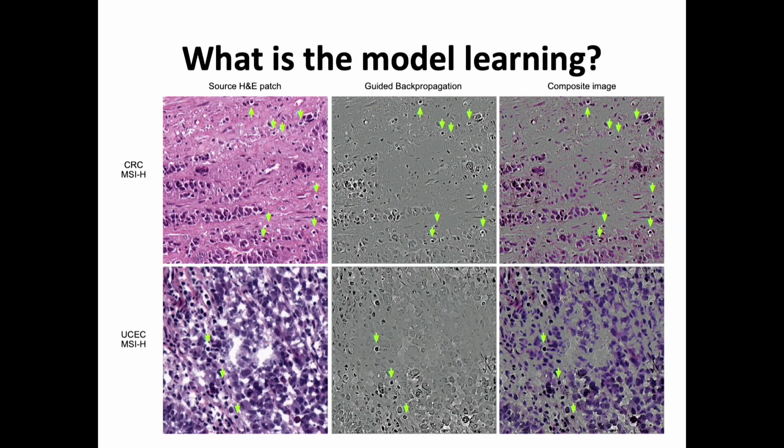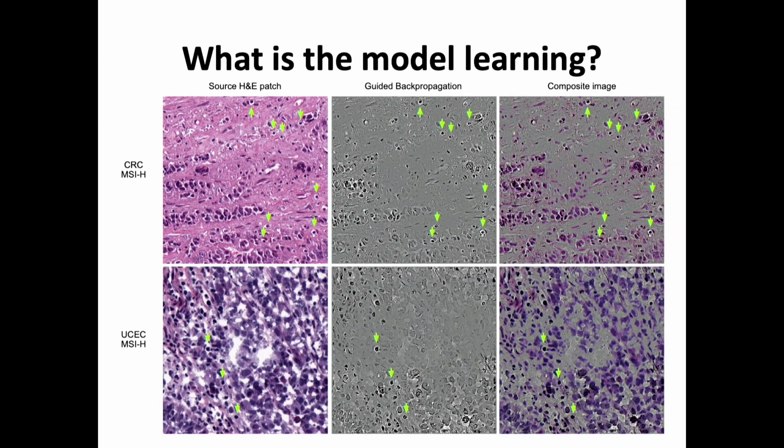Here are the original source images, and here's what's getting activated for the MSI-high class label. The arrows are pointing to small spots on these tissues where you have a dark black circle with a white halo around it that has infiltrated into these tumors. So any guess what that might be? They're immune cells. Okay, I would have waited longer, but I feel like I'm out of time.